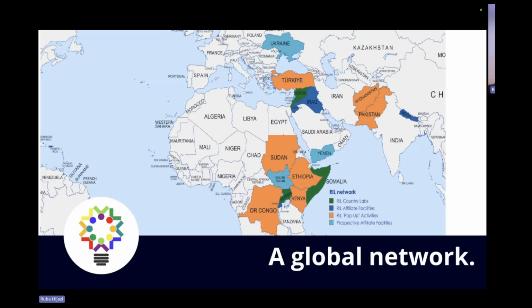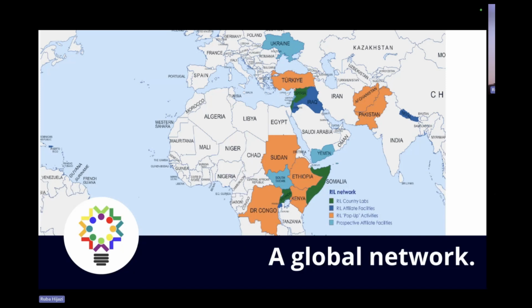In other locations, we are working in East Africa. Our lab in Uganda and our lab in Somalia are also supporting our work. We also have several pop-up activities in South Sudan and other locations in East Africa.